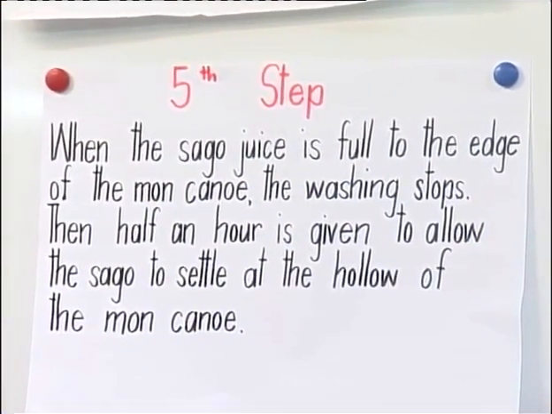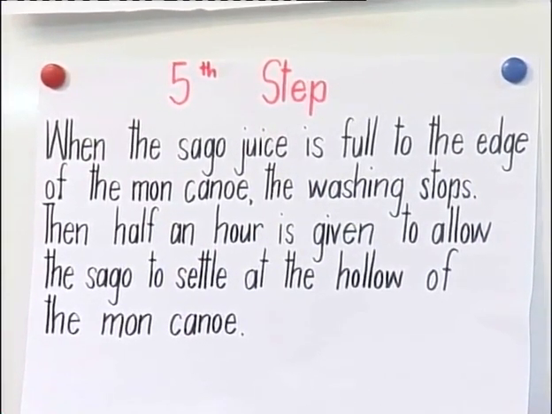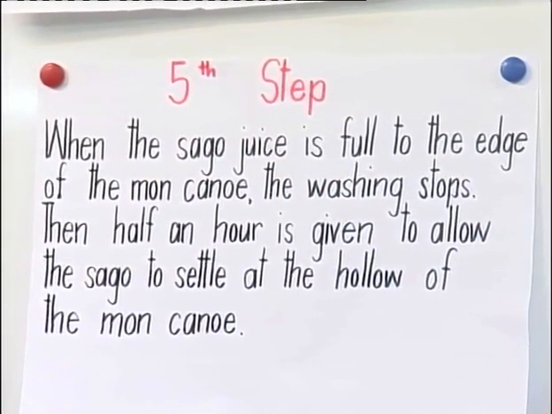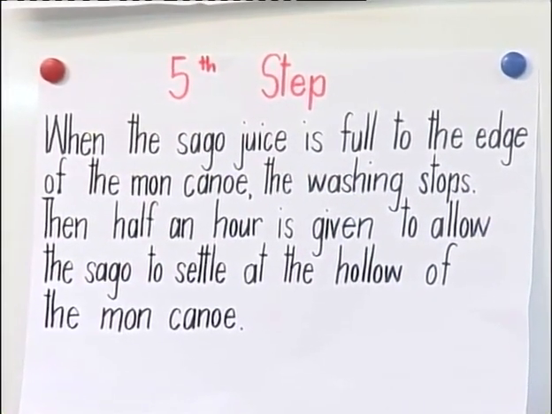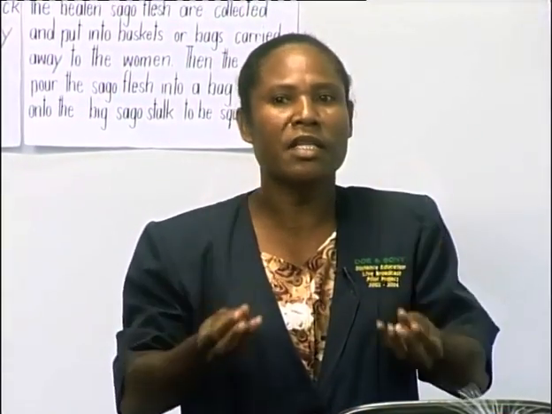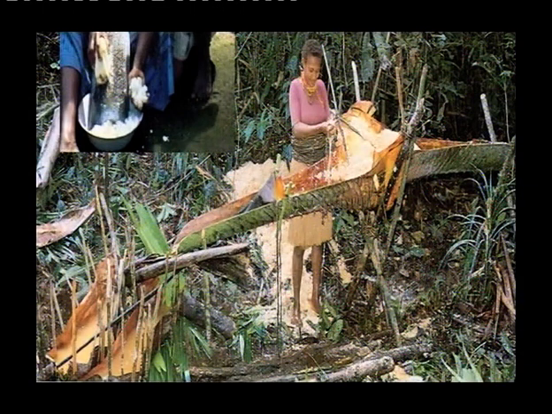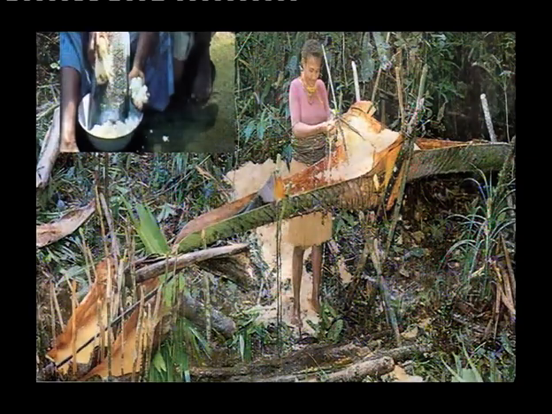Then half an hour is given to allow the sago to settle at the hollow of the moon canoe. When the sago juice gets down to the hollow part of the canoe, the water rises to the top and only the sago goes down to the bottom part. This part which goes down is very sticky, and it gets stuck to the moon canoe.